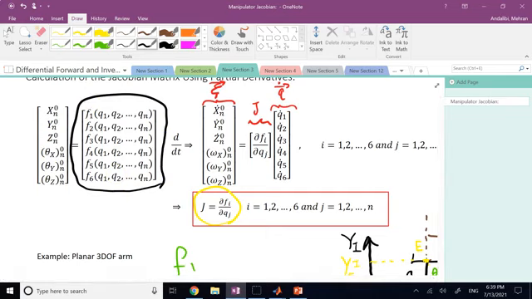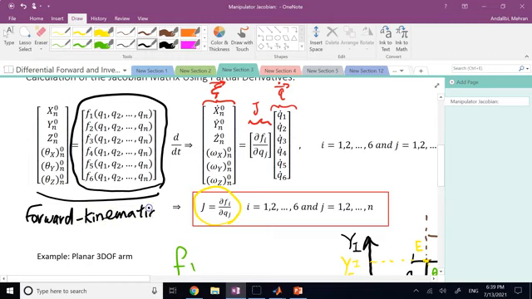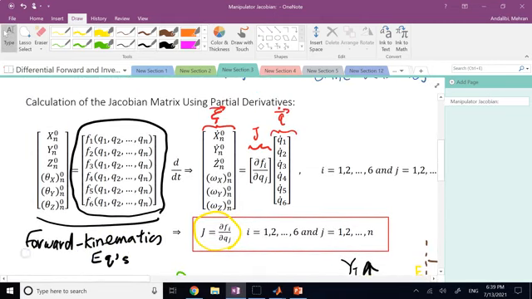And the answer is from what? Forward kinematics. These equations are your forward kinematics equations, with one twist, of course. What is the twist? The twist is this.